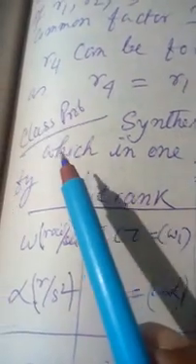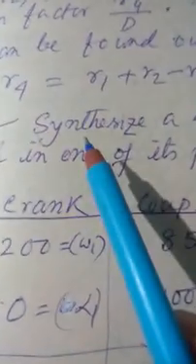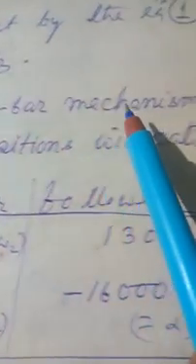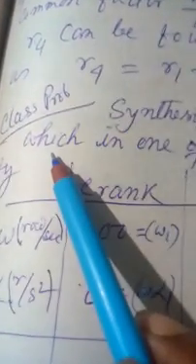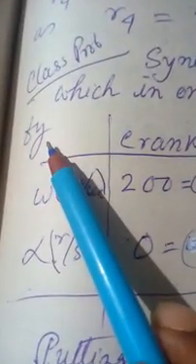numerical: synthesize a 4-bar mechanism which in one of its positions will satisfy this omega and alpha.